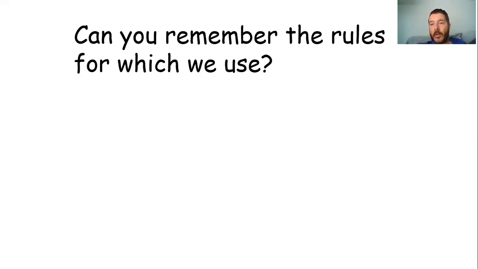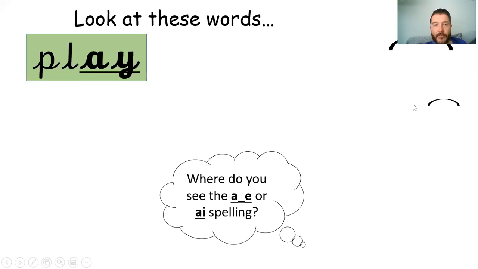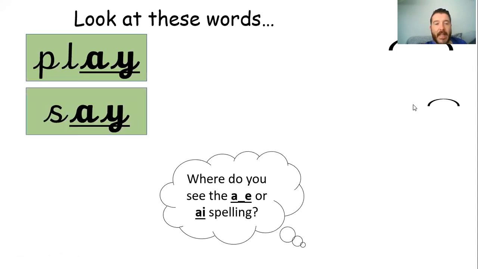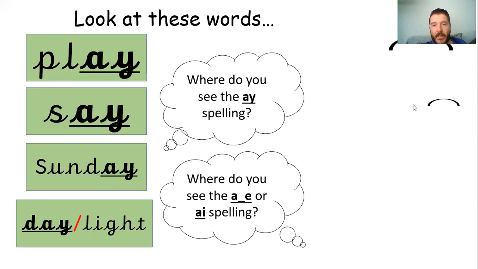Okay, I'm just going to pause this for a second. Can you remember the rules which we used for each A sound? Let's have a look at these words. Just notice that the loops are not there properly. We've got play, say, Sunday, daylight. Now that red line tells us that that's the end of a syllable. So where do you see the A-Y spelling?